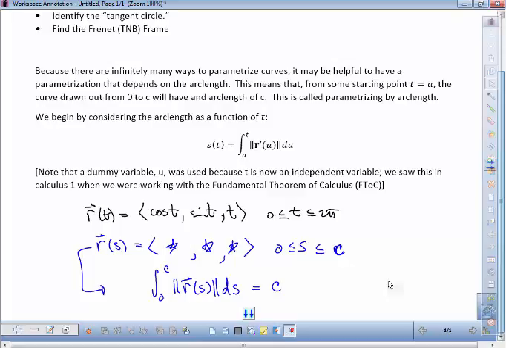Something that would be nice to have some sort of visceral idea about, so that when we talk about some of the other things we're going to talk about, we can just mention that it can be parameterized by arc length, and then we can kind of see a picture of that and then work with it.